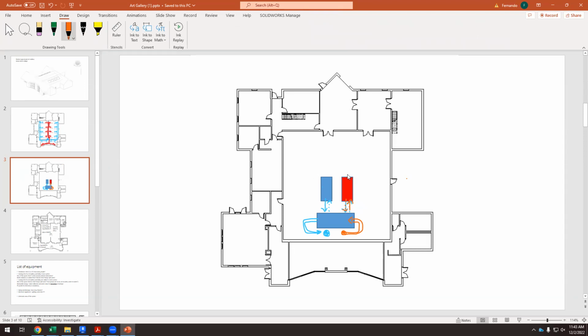That would be too expensive because I have two different. We have something for cooling, something for heating, and they are both feeding this air handling unit.